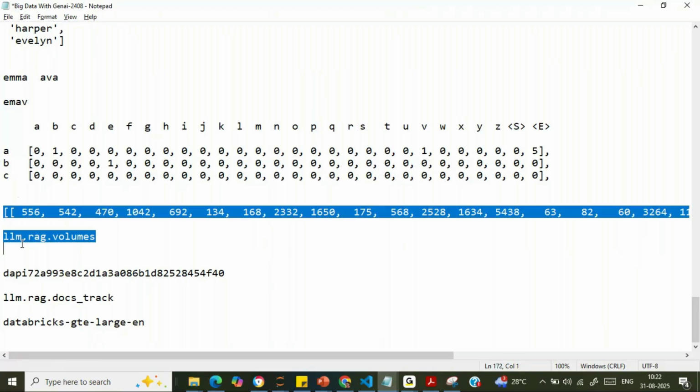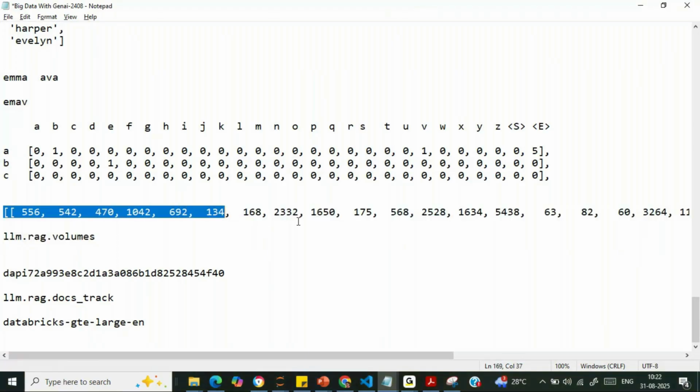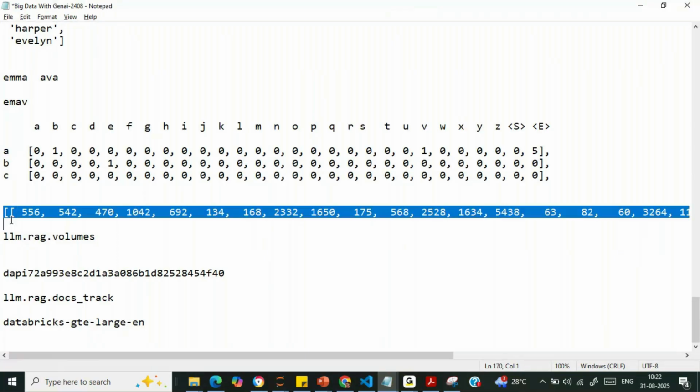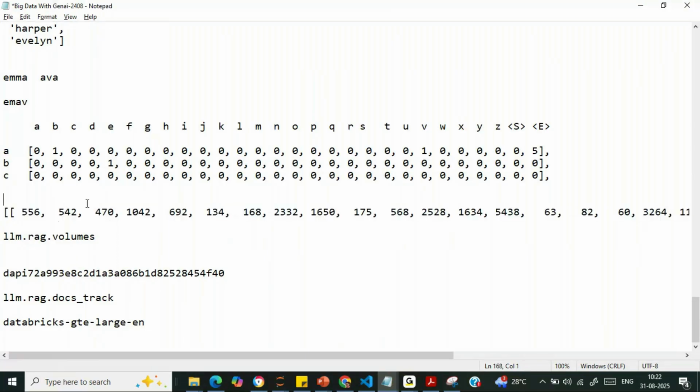Based upon this, I have calculated the percentage of each and every occurrence, and the letter which is having the highest percentage is the most likely letter which can come after A. Over here, this 5432 is the highest count and I think it is for N. So N is the most likely letter that will come after A.